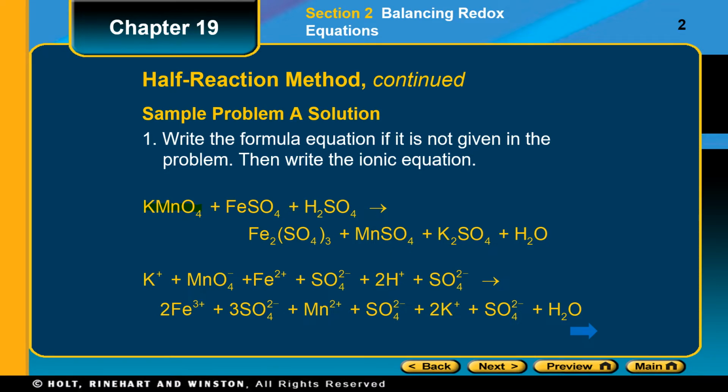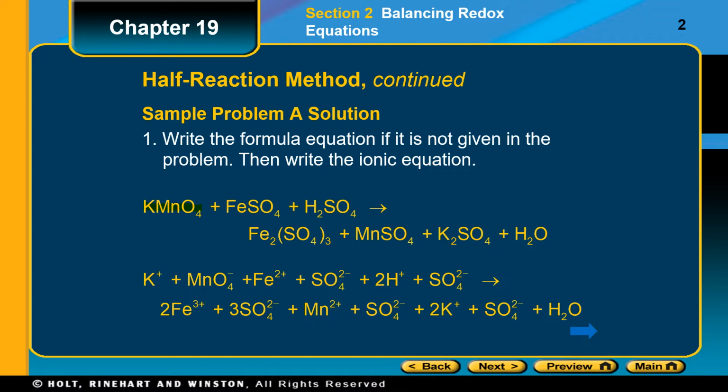And then iron 3 sulfate: here's the iron 3, but with the subscript of 2, we have to put a 2 in front here. So we already have some coefficients that we'll have to maybe adjust later on.